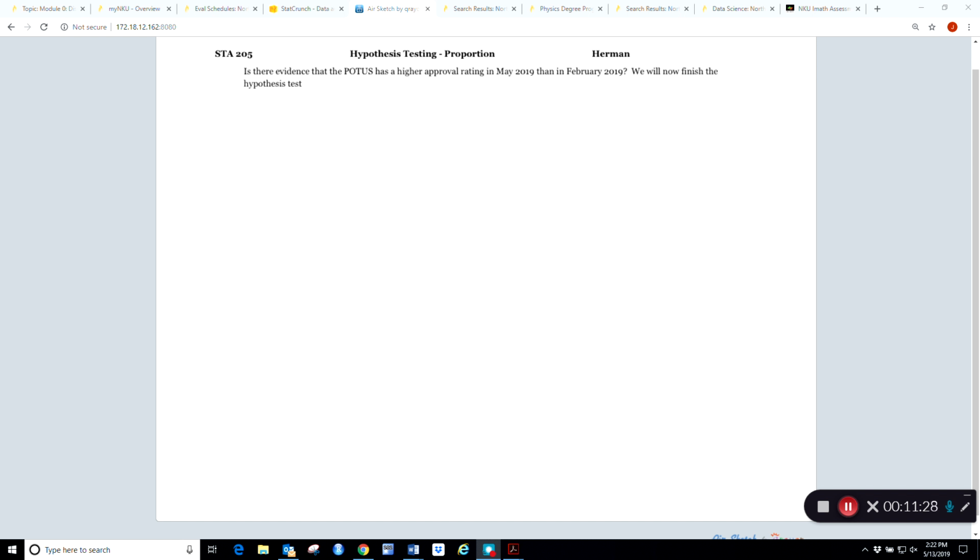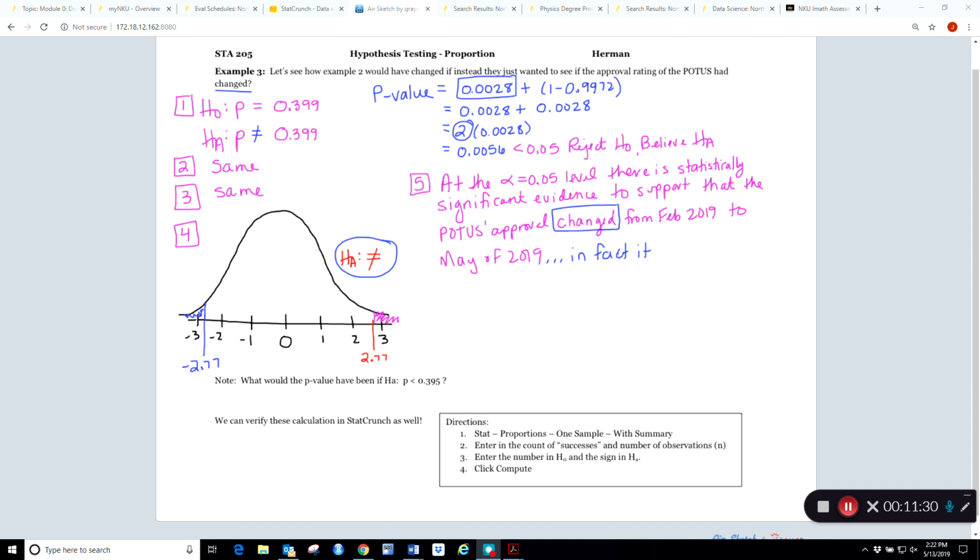So I in fact know not only did it change, in fact it has increased. And again, how I know that, because my z was positive, which means we are above the mean.